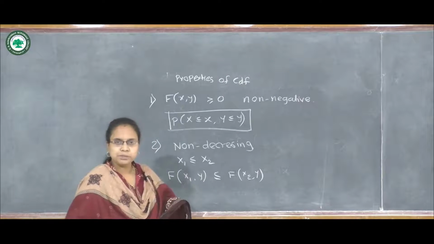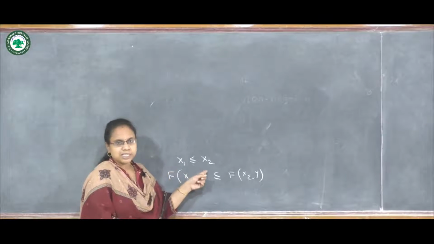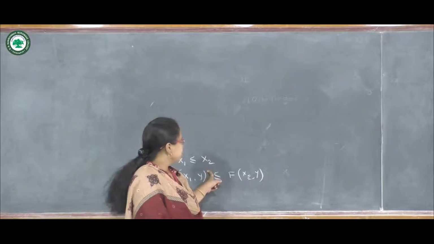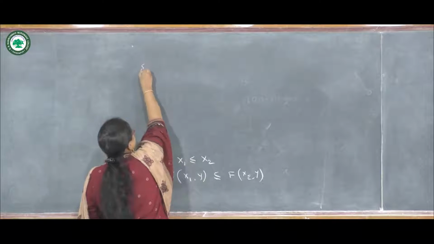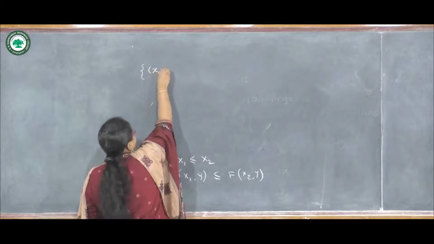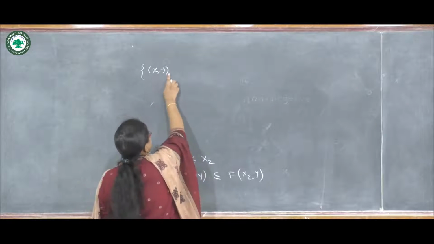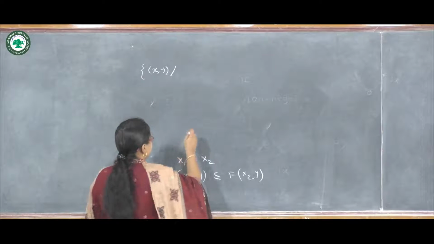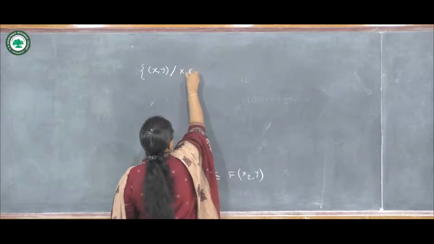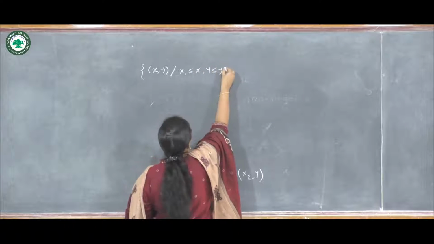So we will prove this property. We are given that x1 is less than or equal to x2. So we can write its range set, and a range set is always written in this form: in curly brackets we write the variables, then an oblique, so x1 is less than or equal to x, and y as it is.